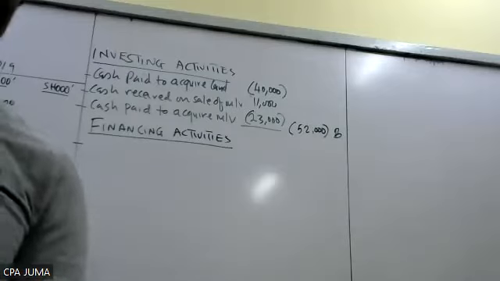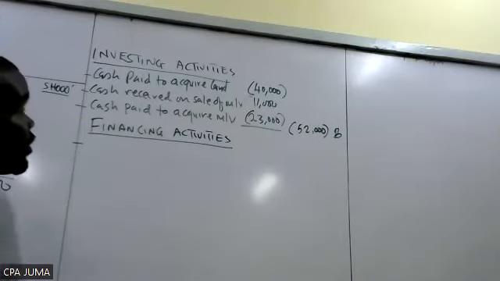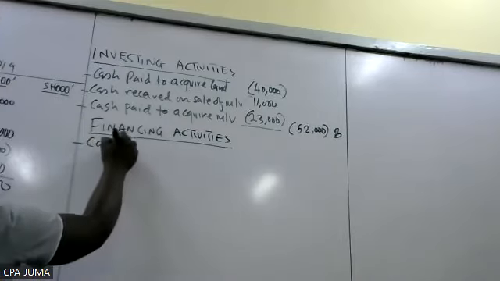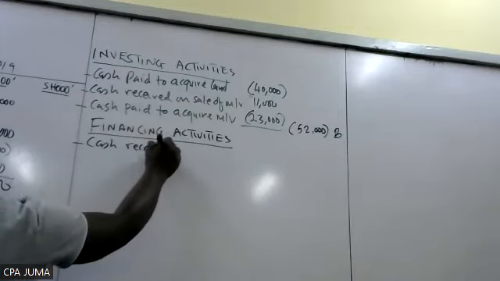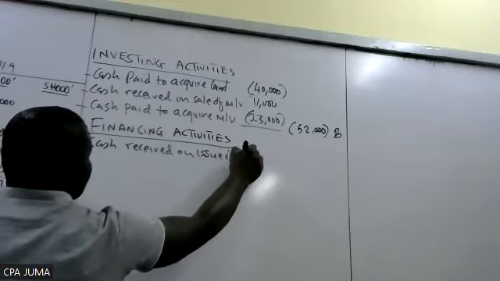Let's go to equity. So in equity, are you seeing ordinary share capital? Write it like this, then we do a reconciliation. Cash received on issue of what? New shares.